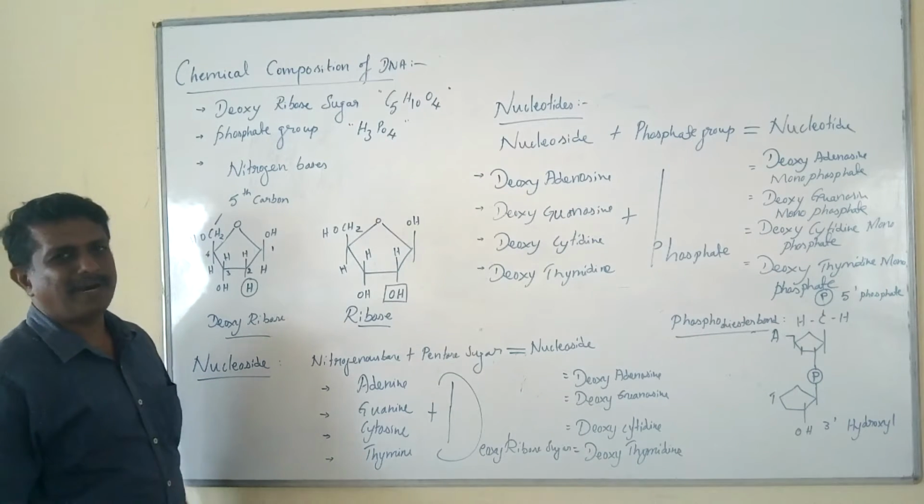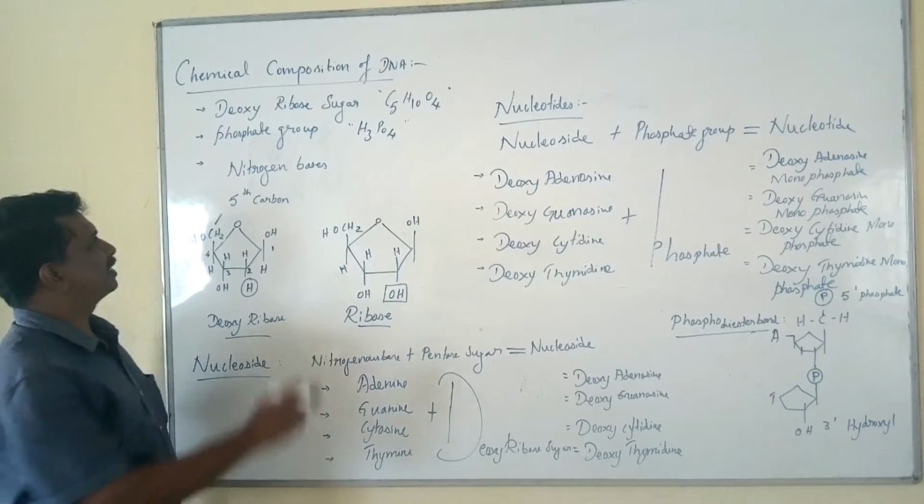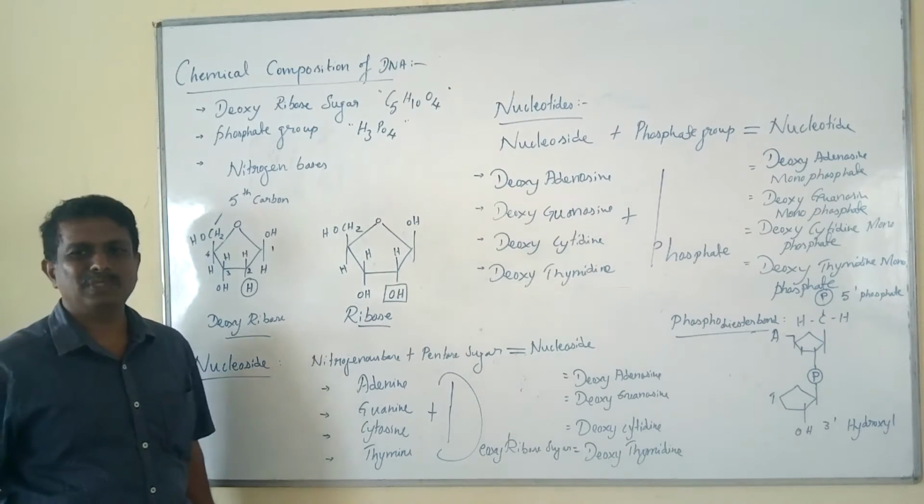Such a unique type of pentose sugar derivative is called deoxyribose sugar.